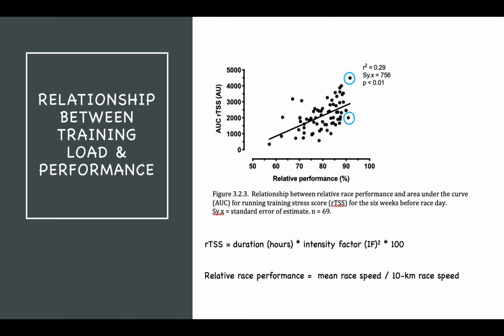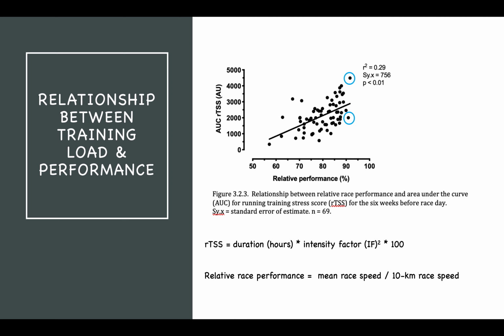Then the data point circled in blue on the top of the graph is an individual that had basically the exact same relative race performance of about 90%, but they had more than double the amount of training load completed in the 6 weeks compared to the blue circle towards the bottom. So 2 individuals that had basically the same relative race performance, but vastly different amounts of training that they completed in the 6 weeks before race day. So the adage that each runner is an individual and should be treated as such in coaching really is exemplified here.